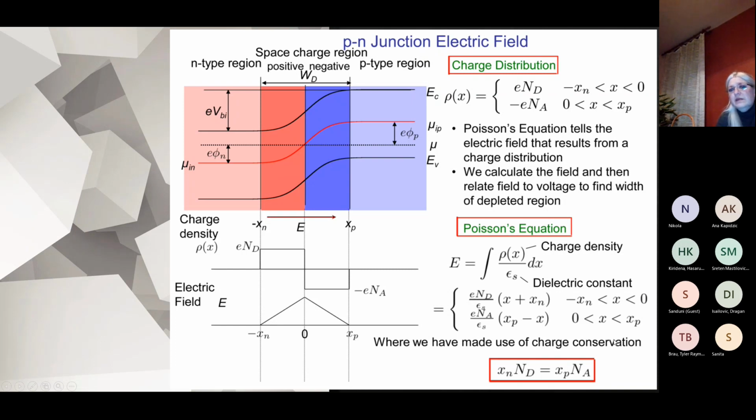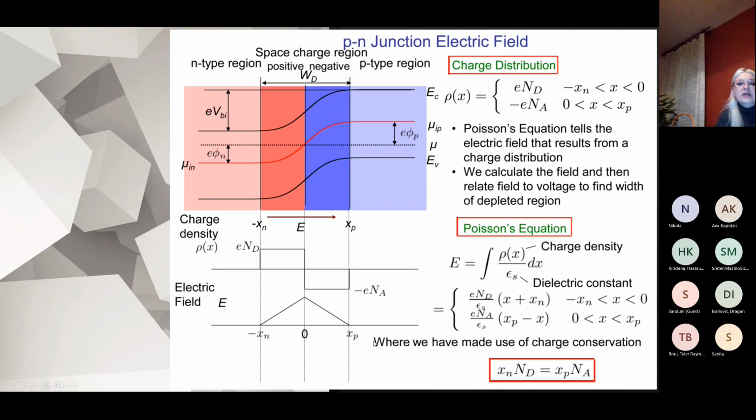These are just basic mathematical conditions for the calculation of the electric field. If we integrate this part of the charge density curve, for the electric field we get this line going up, and if we integrate this part down for the negative charge, we get a line which is going down.